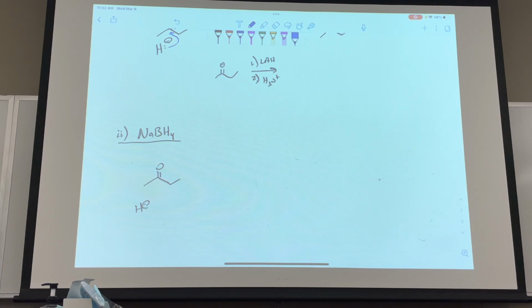And again, like we just saw, that's going to go in and attack the carbonyl straight away. Now the key difference between these two reductions is while you cannot use LAH in a protic solvent, the borohydride reductions are most commonly done in protic solvents.